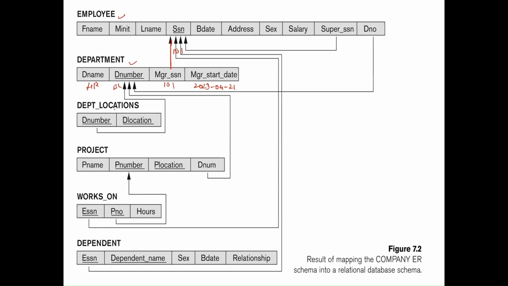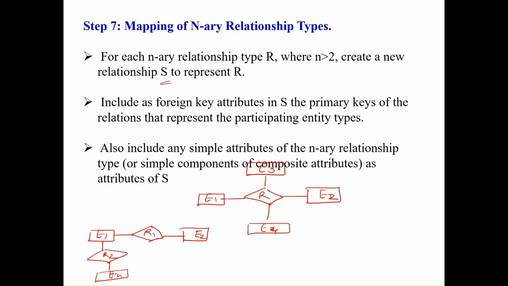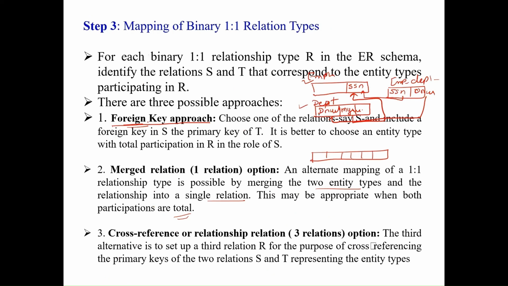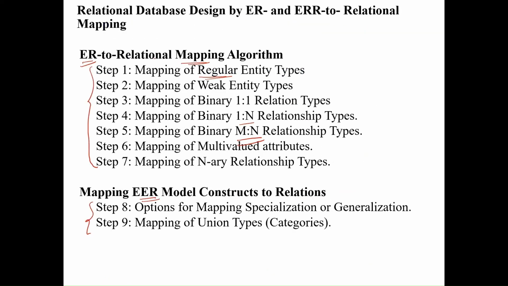If it is a multi-valued attribute, then department 1 location Mumbai, department 1 location Bangalore, department 3 location. Although the locations will repeat for the same department, it is possible. So in this way, you have to apply all these rules to convert the ER diagram into a relational schema or relational database.